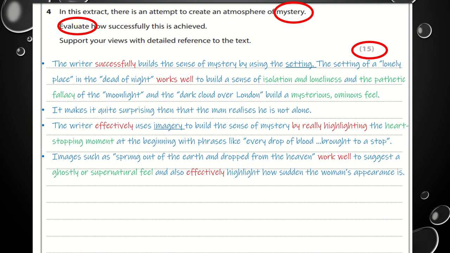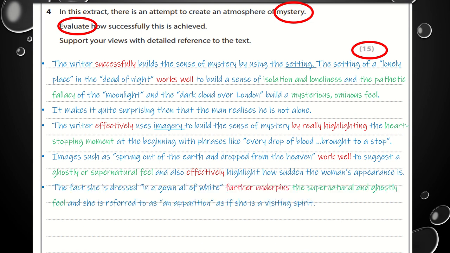Tell me a quote, explain it. Tell me a quote, explain what it does. Okay, suggests a ghostly or supernatural feel, effectively highlighting how sudden the woman's appearance is, which is mysterious. So every sentence is linked to that sense of mystery. The fact she is dressed in a gown all of white further underpins the supernatural and ghostly feel, and she's referred to as an apparition.